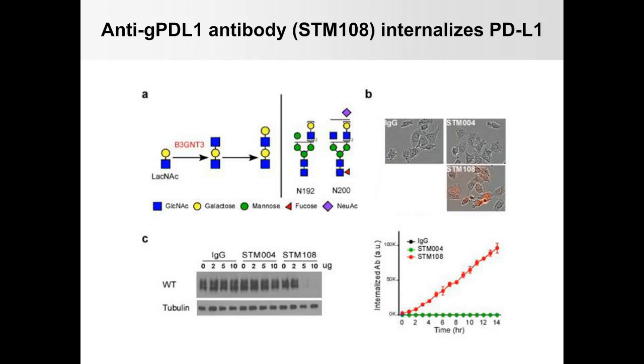To do this, we fluorescence-label our STM108 antibody with a fluorescent dye. The theory is that when the cells start to take up this antibody, the pH value will start from the membrane, which is pH 7, and drop to pH 4.5 inside the lysosome.